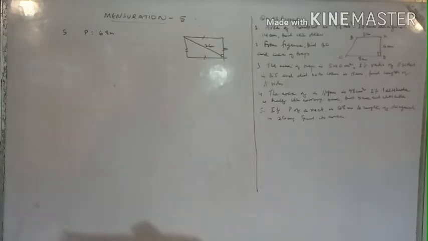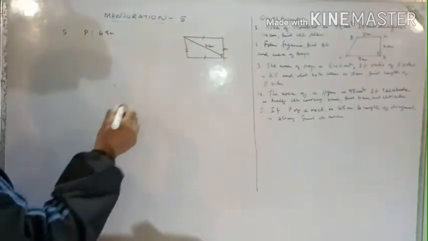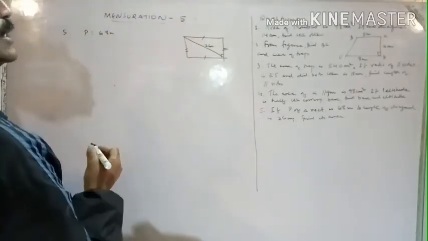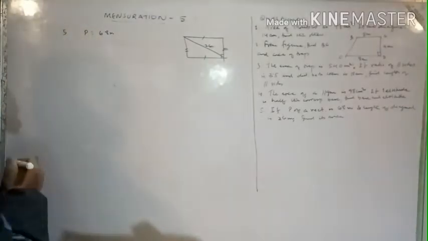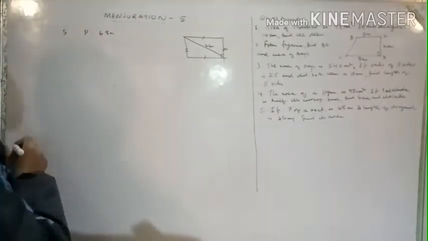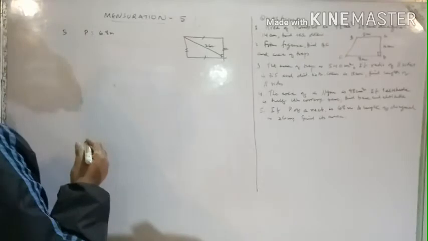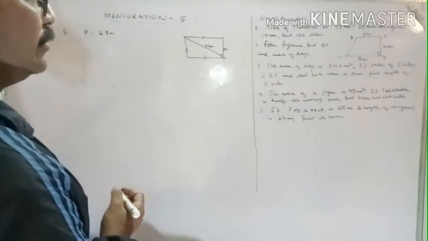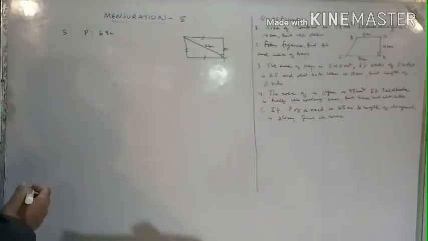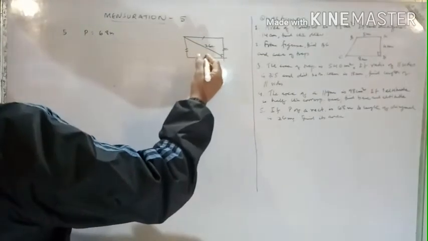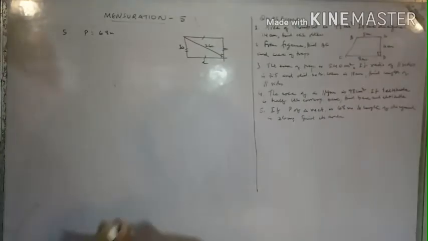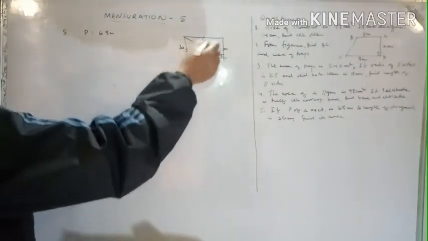Okay, so number 3 is also left anyway. So the diagonal is 26 and the perimeter is 68. So we suppose here length and breadth, because we have to find the area. So suppose length is L and breadth is B. It is a right angle here.